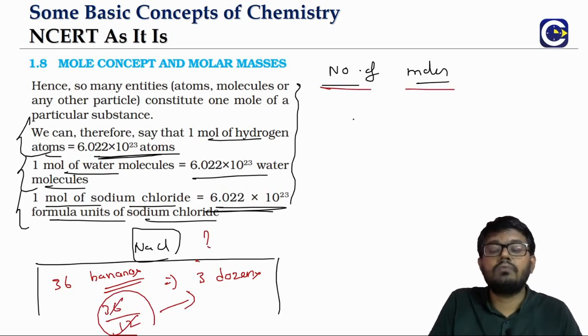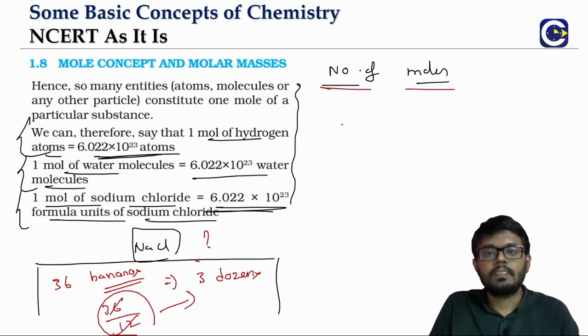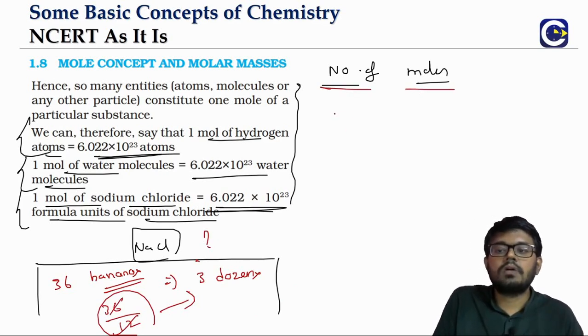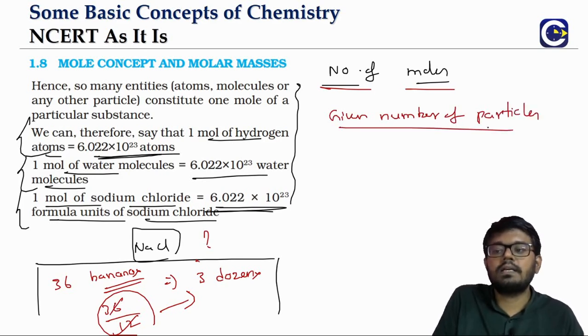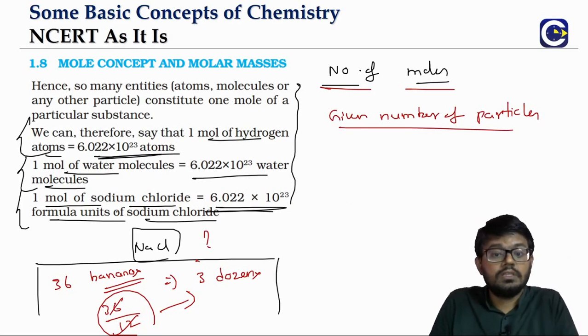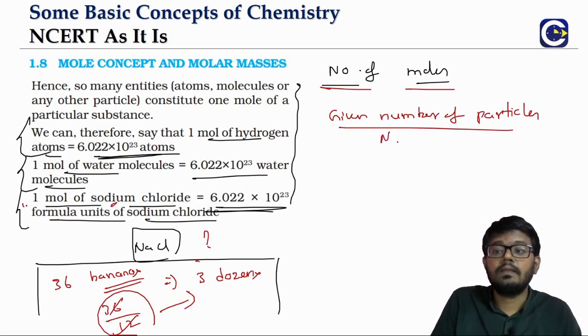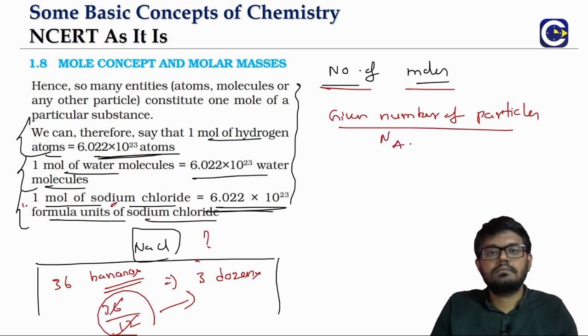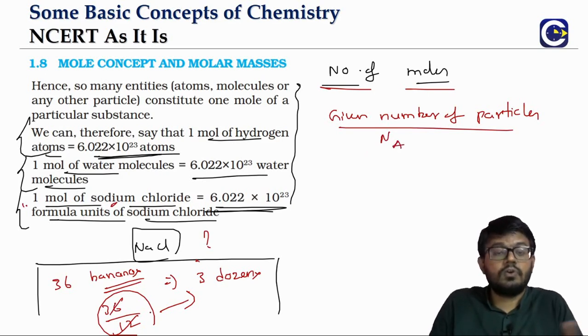Similarly, if you want to find the number of moles, let's say I give you a count of particles. Why am I using the word particles? It may refer to atoms, molecules, or formula units. The given number of particles divided by the Avogadro number. To calculate the number of dozens, you divide by 12, because 1 dozen is equal to 12.